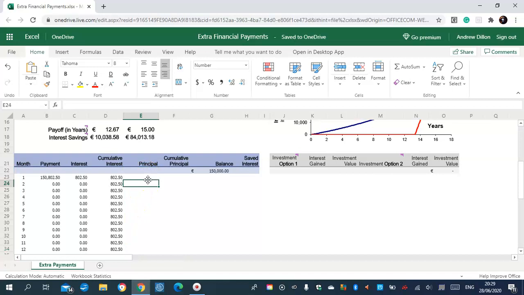It's going very well so far. So the next one is going to be principal. After I calculate this, I'll continue calculating the rest of the tables in the next video. So this will be another if statement as well, principal.